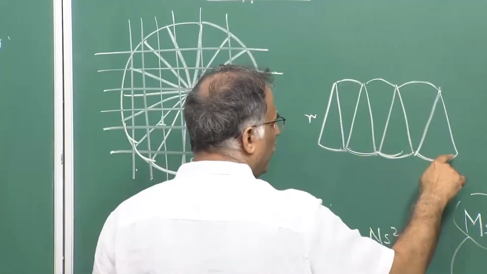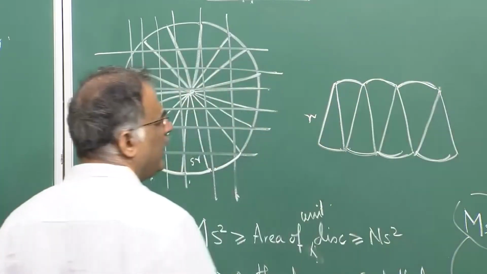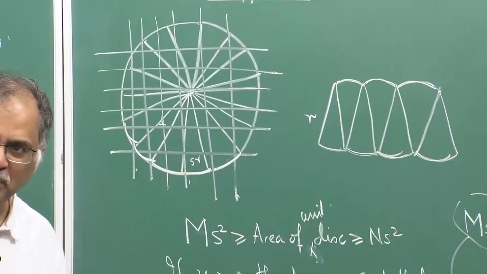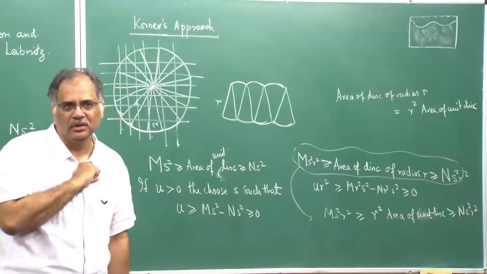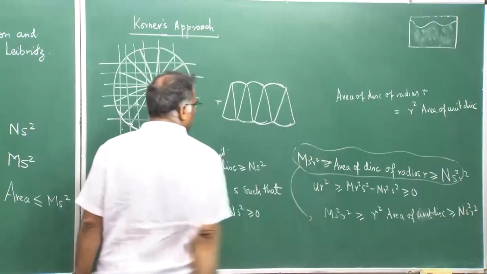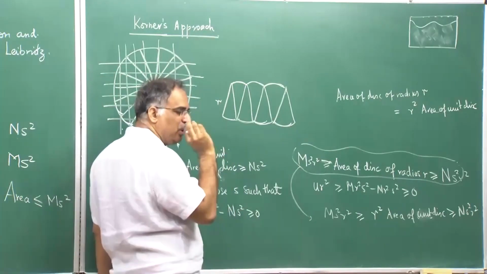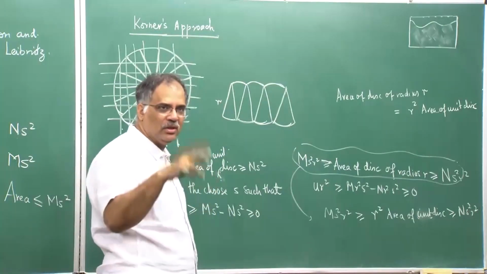If I look at this, these are nothing but parts of the circumference of the circle. If I have laid down all these cakes side by side, this side is roughly half of the perimeter of the circle.